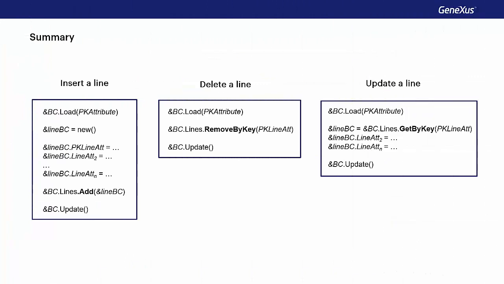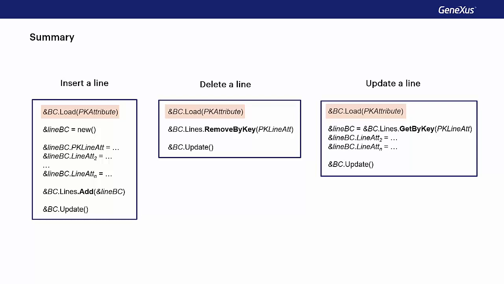Here's an overview of what has been seen regarding how to insert, delete, and change a line in a two-level business component. In all cases, the operation used is update, since it was assumed that the header already existed. So as a first step, we always load the business component variable we want to work on.